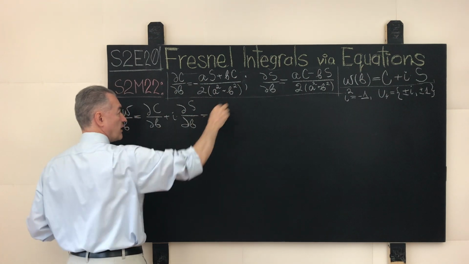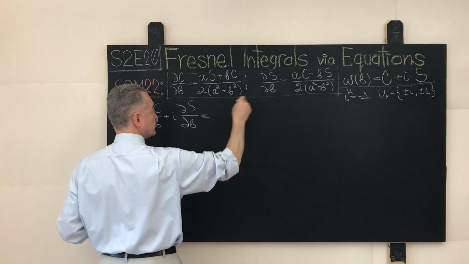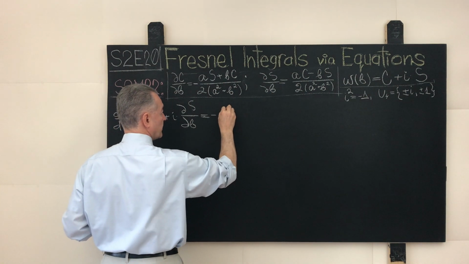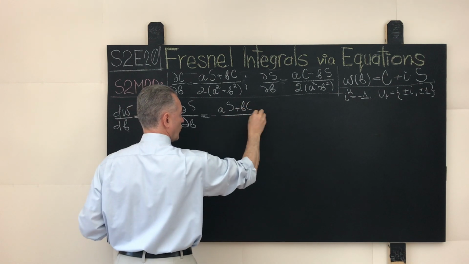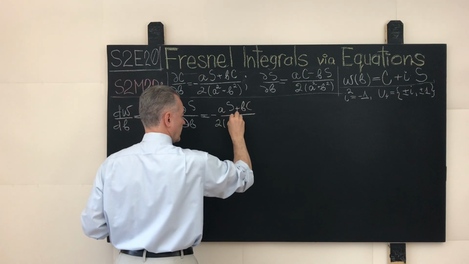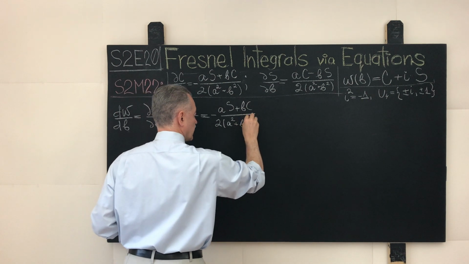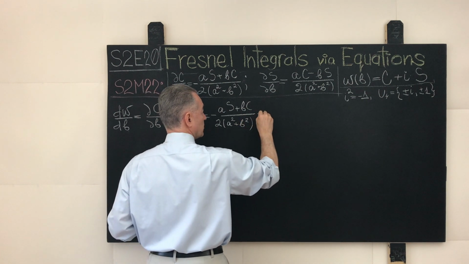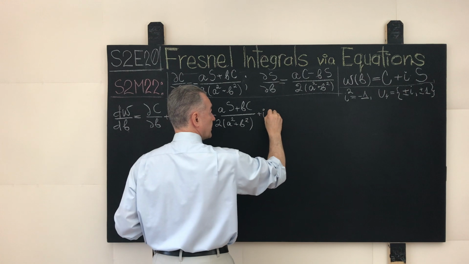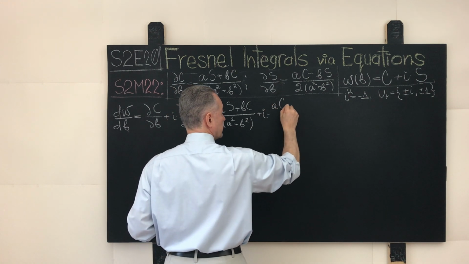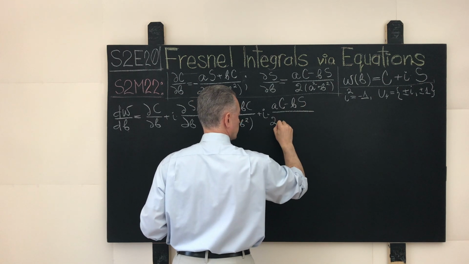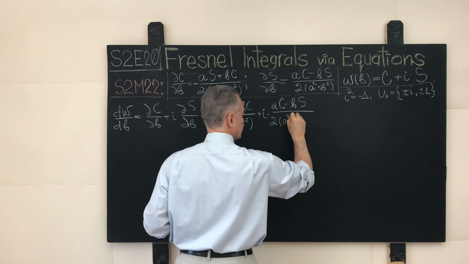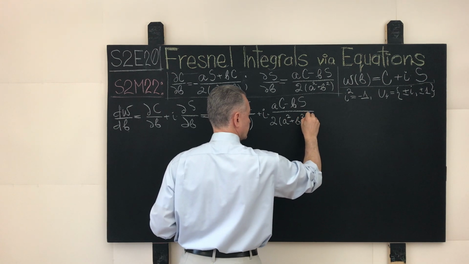And now that we have the expressions for these first derivatives, we will say negative a s plus b c over 2 times a squared plus b squared, plus i times a c minus b s over the same denominator, 2 times a squared plus b squared.